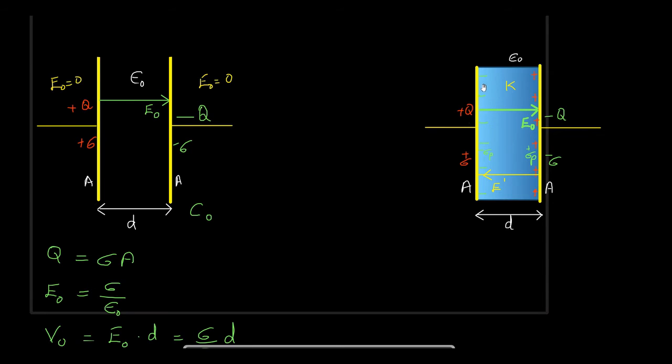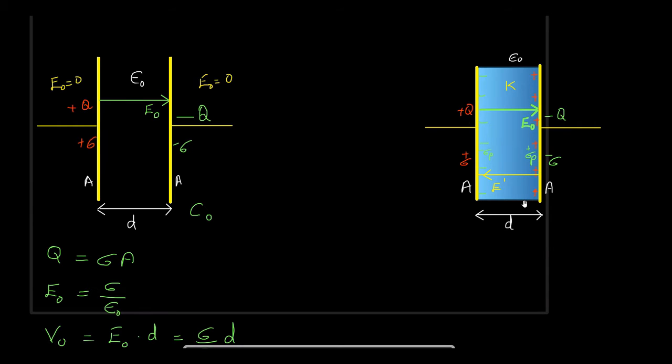But when the area between the plates is filled with dielectric and the dielectric is kept in a field E0, there will be a polarization effect in the dielectric. Due to polarization, the charges in the atoms get separated and a plane sheet of charge appears on either end of the dielectric.